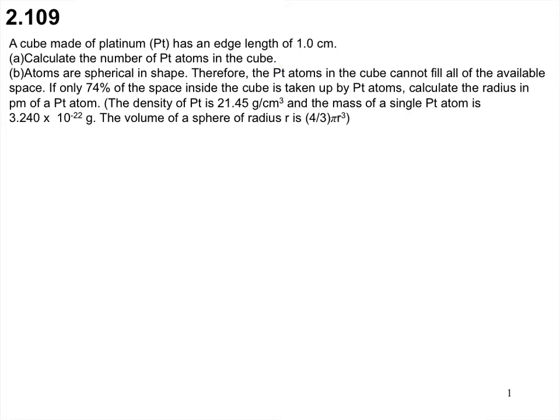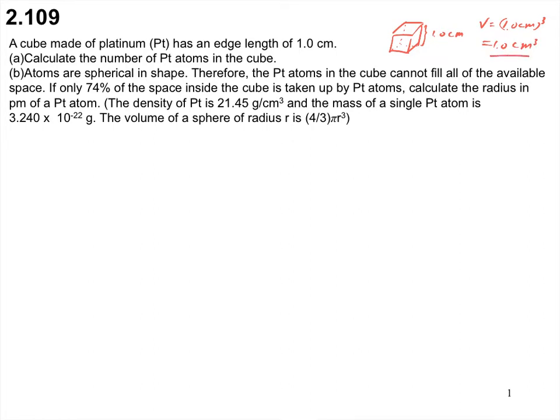Since this is a cube, we are given the length is 1.0 centimeter, so therefore the volume will be 1.0 centimeter to the power 3, giving us 1.0 centimeter cubed.